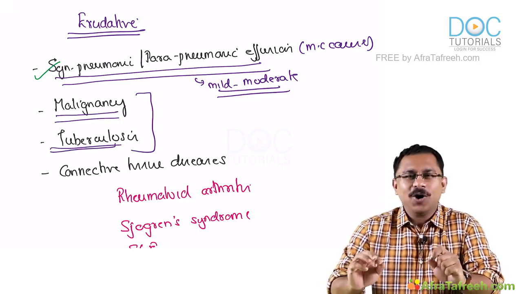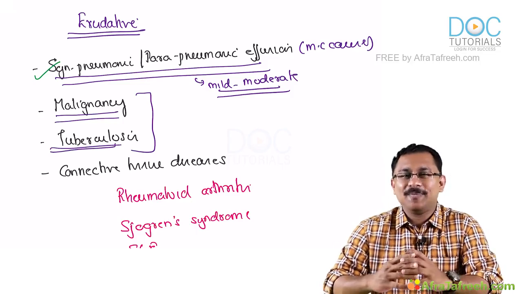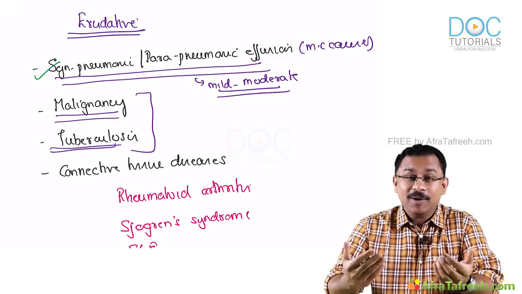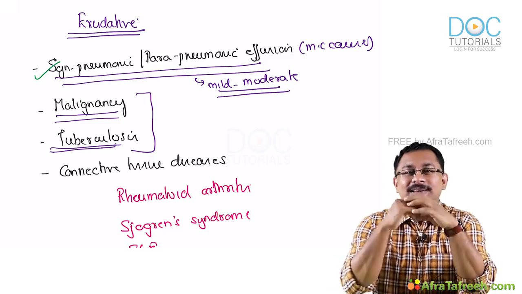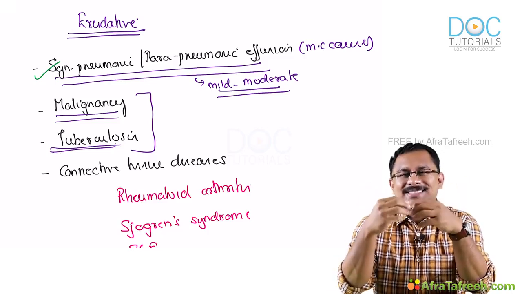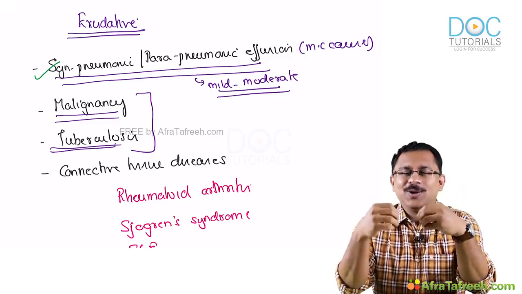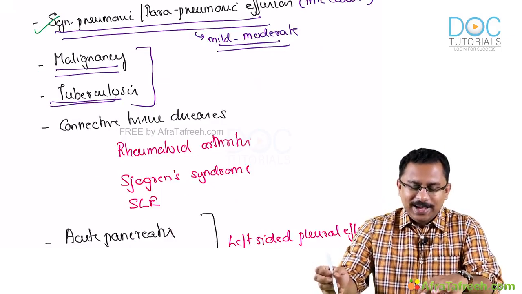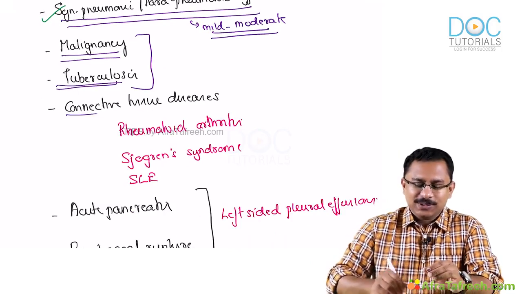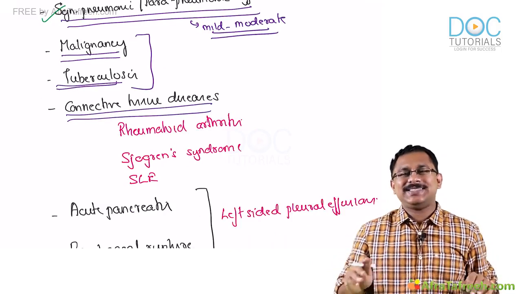Does that mean all cases of malignancies have large effusions? Need not be, but if an individual has a massive effusion, it is more likely that he has a malignancy or tuberculosis as the probable etiology. Then you can have effusions associated with connective tissue diseases.